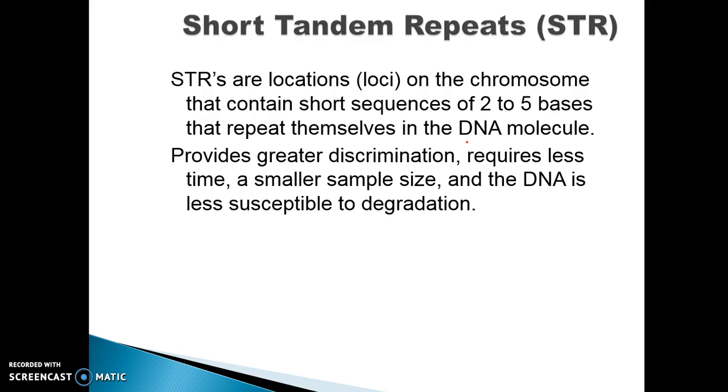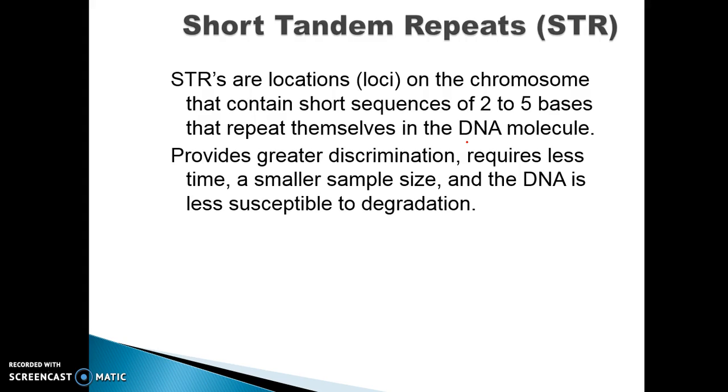All right. So with that sequence of 2 to 5 bases, the ALU sequence, which is very common in us, is interspersed every 5,000 base pairs in our actual DNA. Okay, so that's pretty impressive as far as that goes.